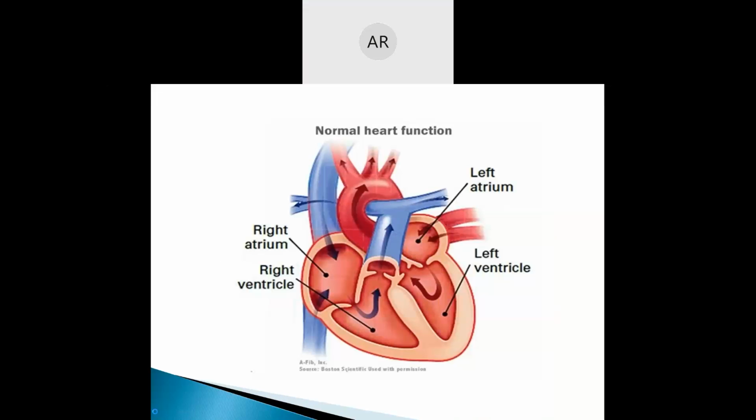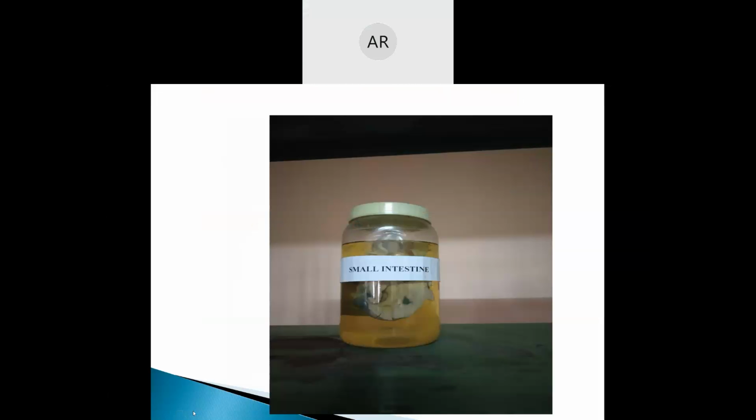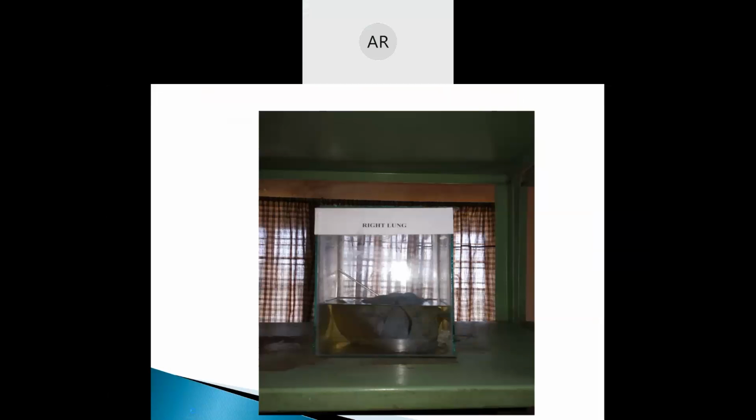Next item. Okay, excuse me, ma'am. From this specimen, brain is there, liver is there, heart is there, lung is there.